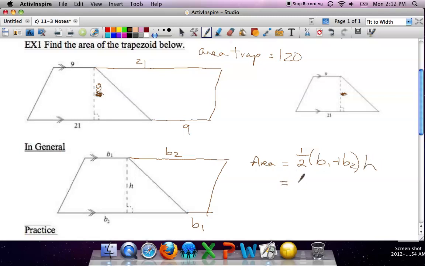Another way you can do it is base 1 plus base 2 divided by 2 times height. They're not congruent, they're just different equivalent expressions.